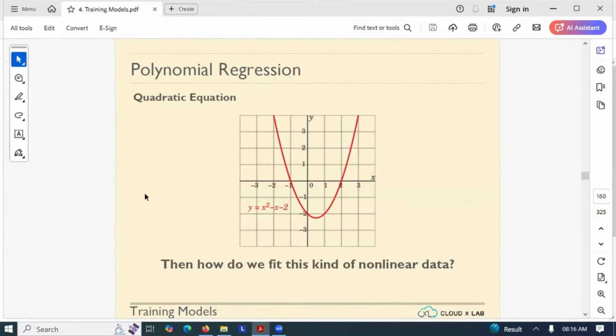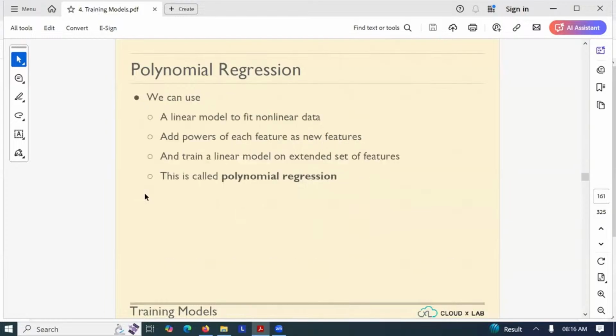So how can we fit this kind of non-linear data? The answer is simple: we can fit a non-linear model, right?